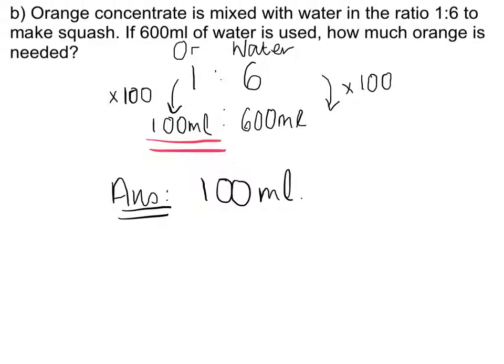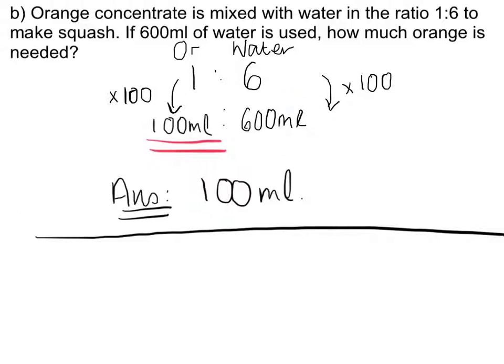What it could ask you to do is work out the total amount of squash that's made. So now we know that I'm going to have 600 millilitres of water mixed with 100 millilitres of orange.